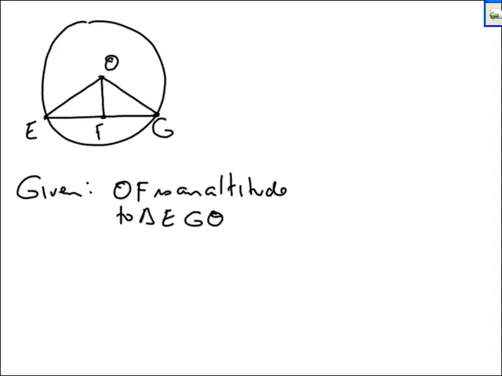Means it's the height. And you want to conclude or prove that EF and FG are the same.